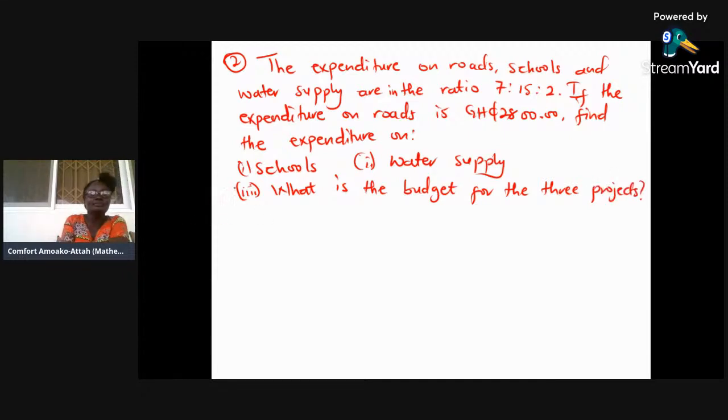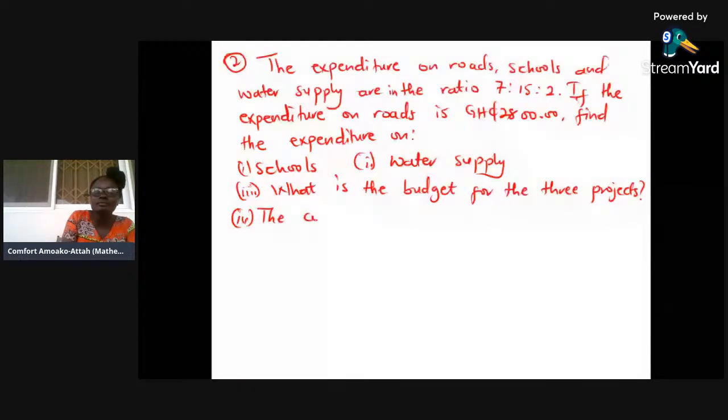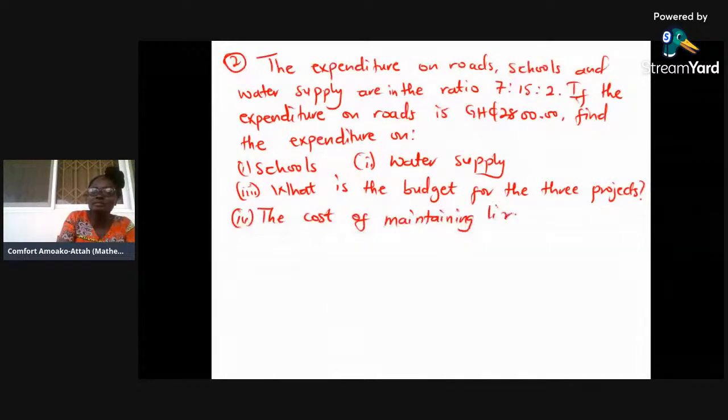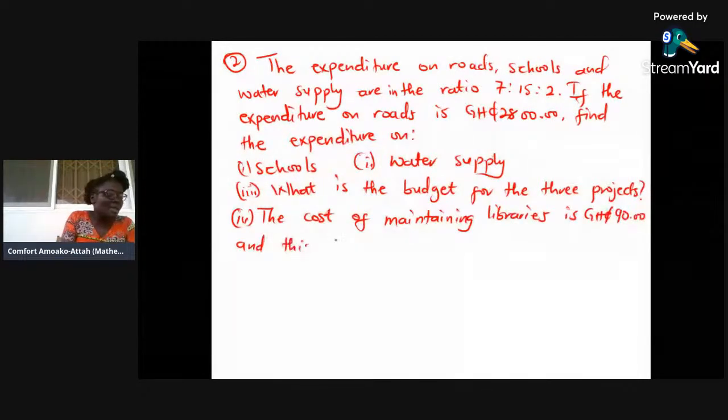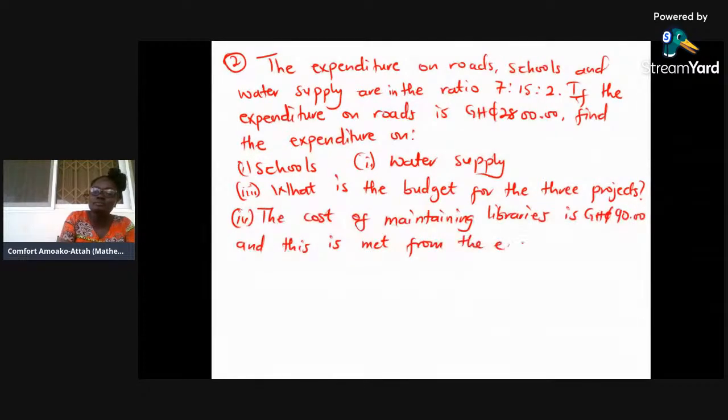Okay, Ivan. The cost of maintaining libraries is 90 Ghana cedis, and this is meant from the expenditure on the schools.